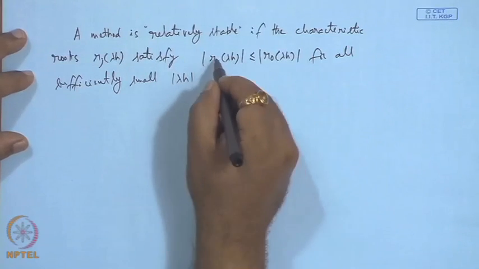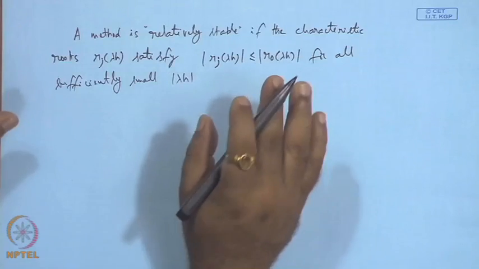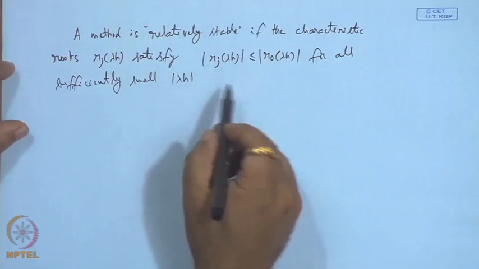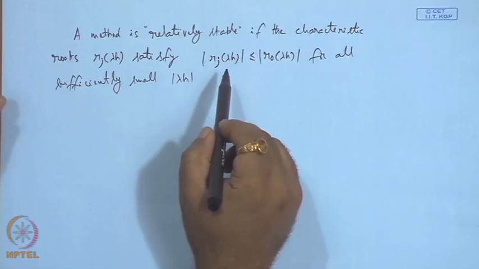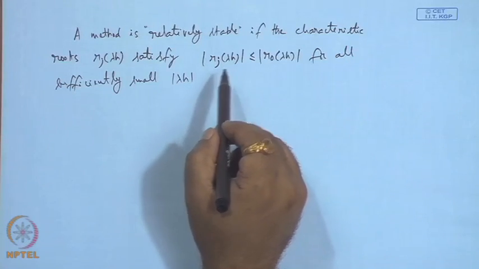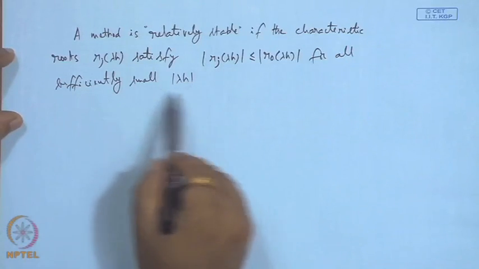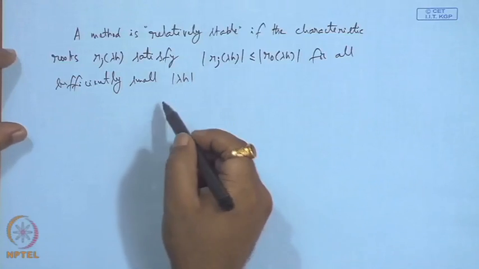So, that means let there be some parasitic terms, but compared to the exact, these extraneous terms must be small for sufficiently small lambda h, okay.